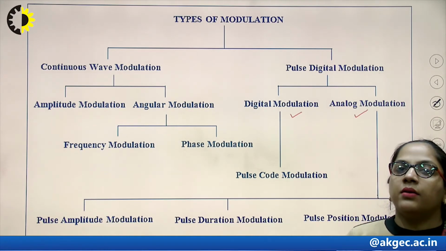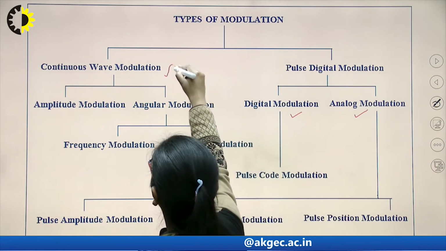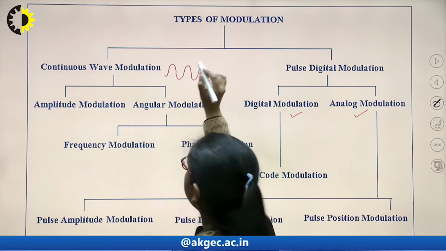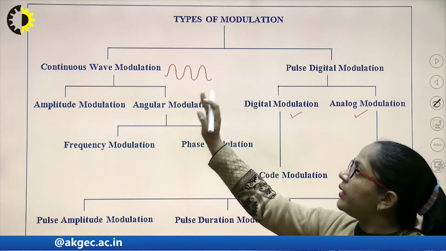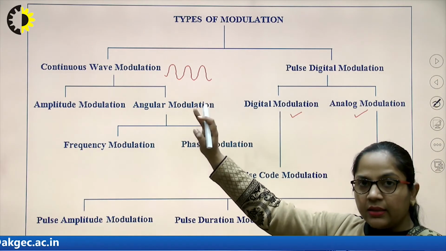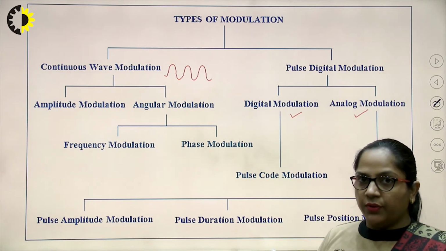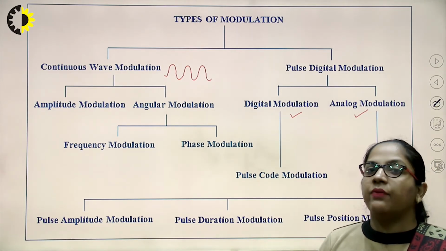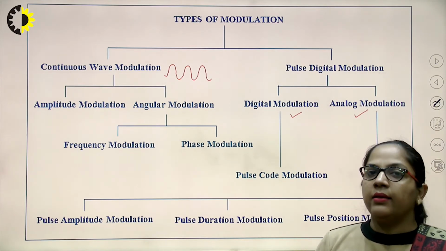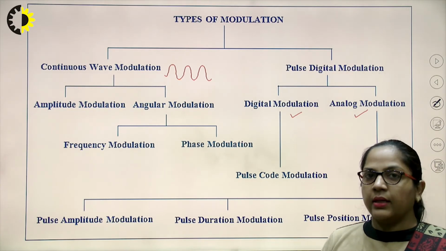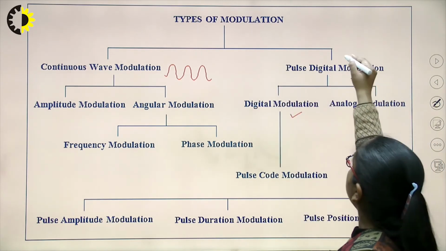If the carrier signal that we are selecting is a continuous wave like this, then it will come under the category of continuous wave modulation. So we are dividing modulation on the basis of whether the message signal that we want to transfer is an analog signal or a digital signal. Secondly, whether the carrier that we are using is a continuous wave signal or a pulse signal like this.